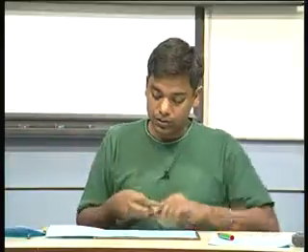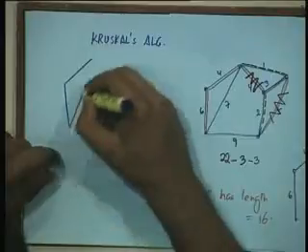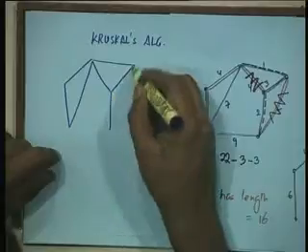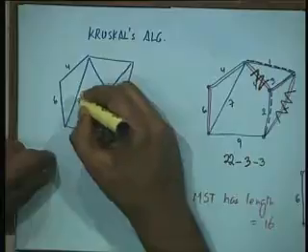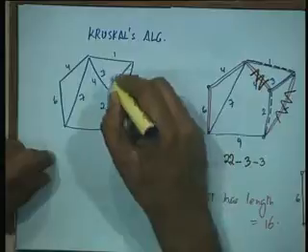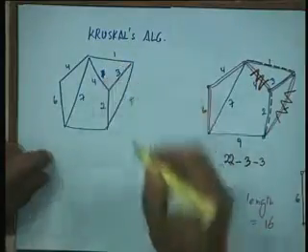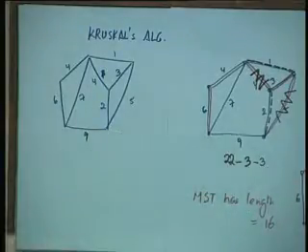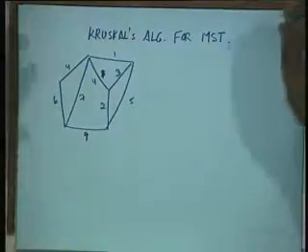So I'm going to draw this graph out. Okay. So the algorithm is the following. It says take the minimum edge in the graph.